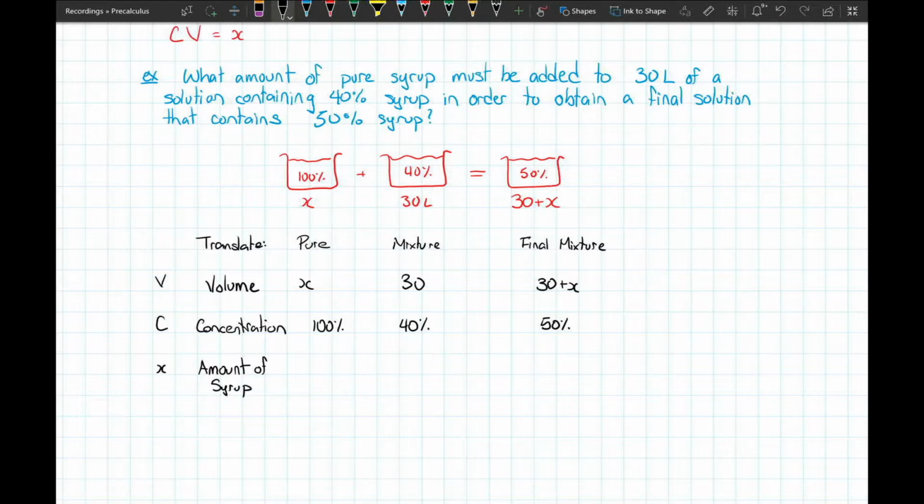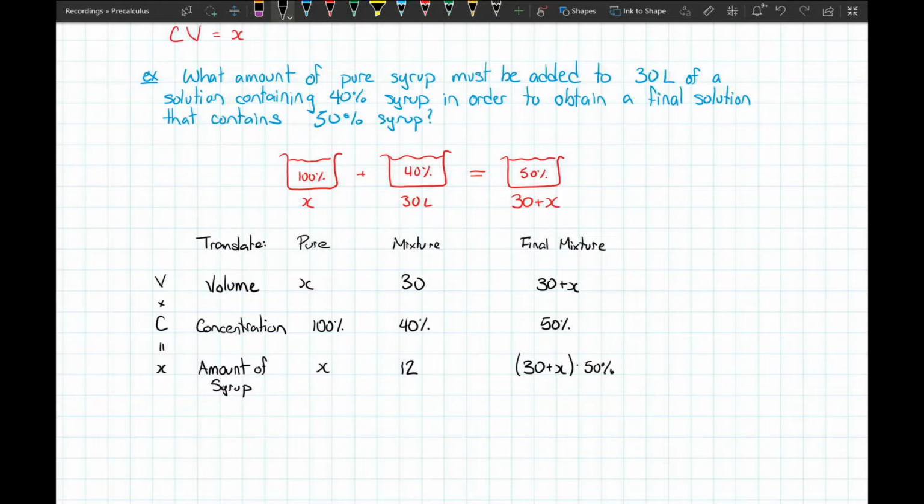And remember, using the equation C times V equals X. So X times 100% is just going to be X. 30 liters times 40%, that means we have 12 liters of syrup in our 30-liter mixture. And in the end here, we want to have 30 plus X liters times 50% concentration.